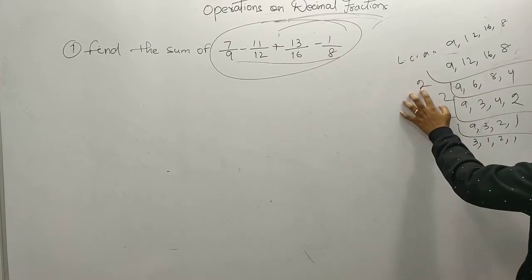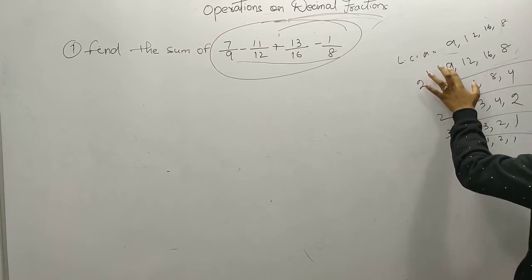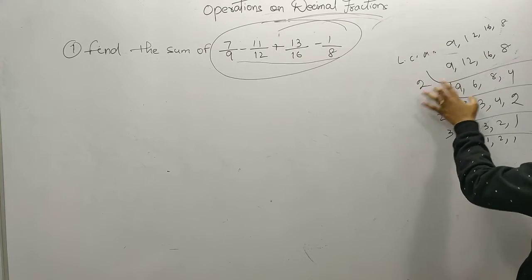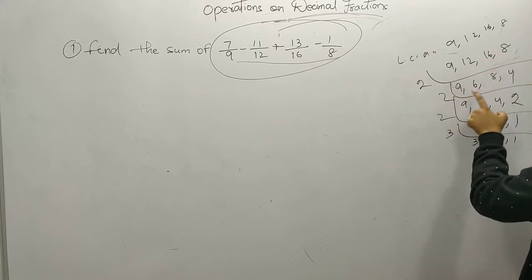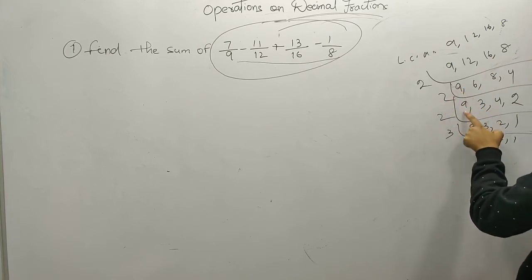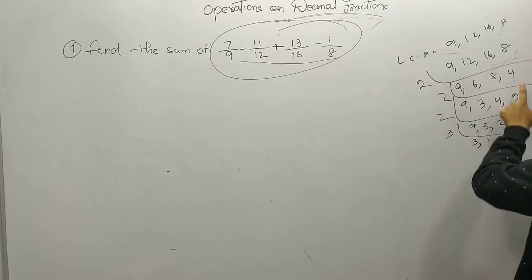See, 9 is not there in the 2 table, so leave it and write 9 only here. 2 6s are 12, 2 8s are 16, 2 4s are 8. Once again, 9 you will write. 2 3s are 6, 2 4s are 8, 2 2s are 4.